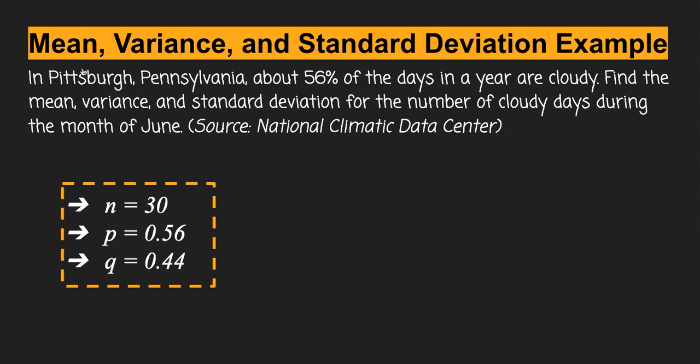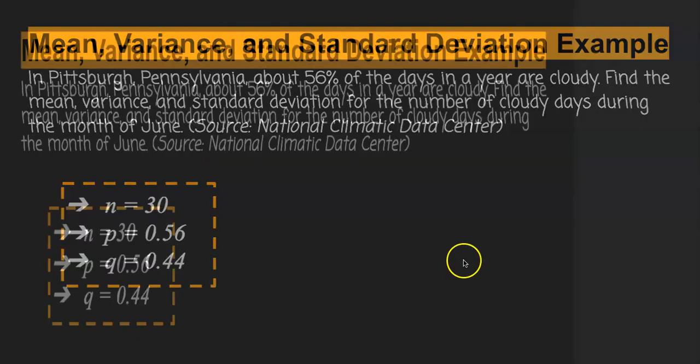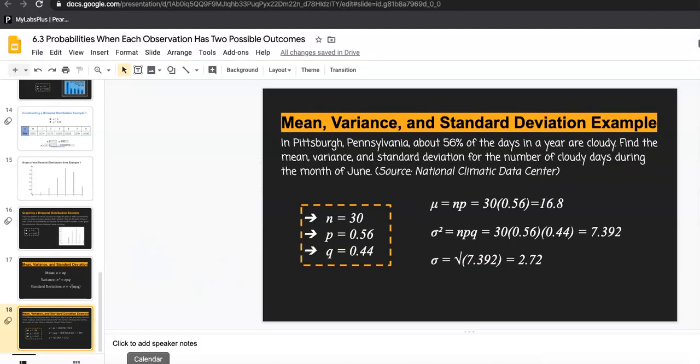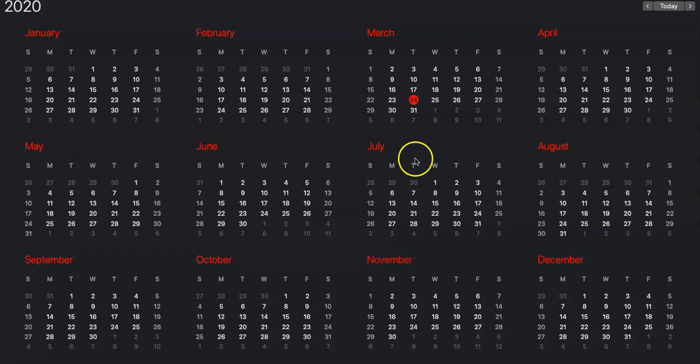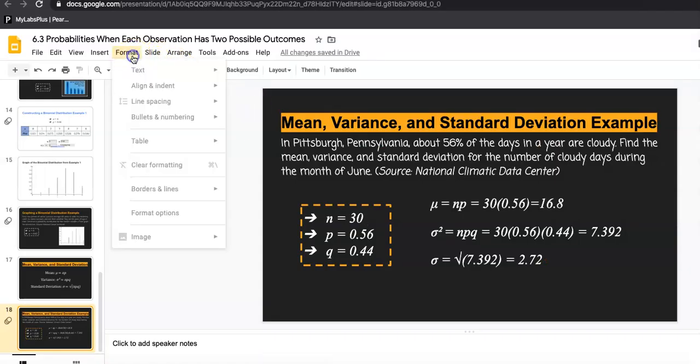But listen, I didn't read the very last part carefully: find the mean, variance, and so on, during the month of June. So we better figure out how many days we have in June, and June has 30 days. So that's why little n is going to be 30 here.